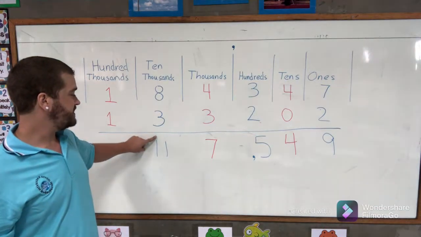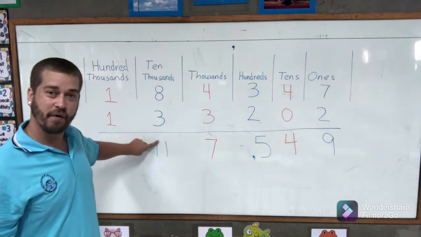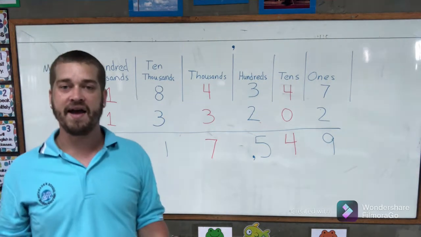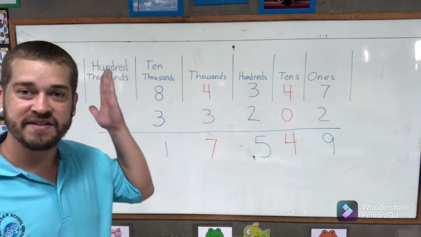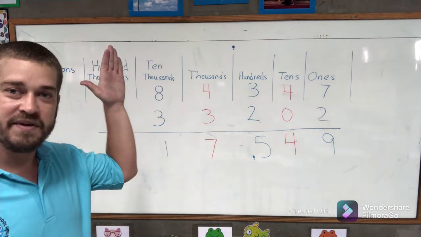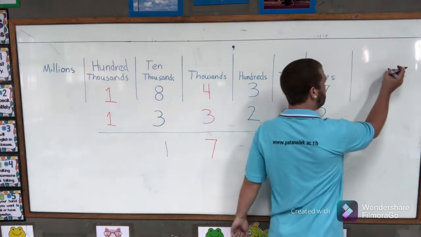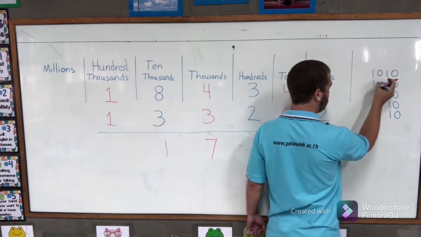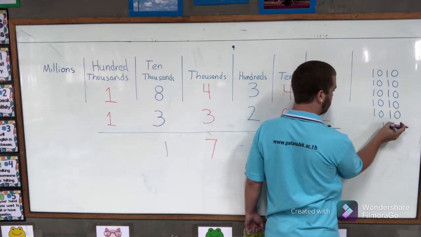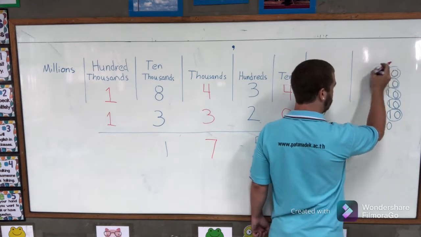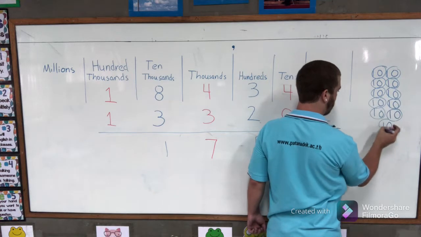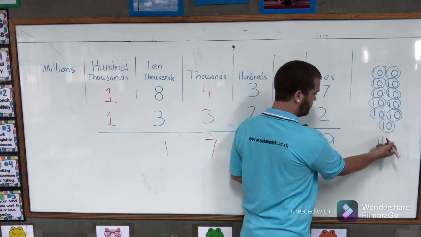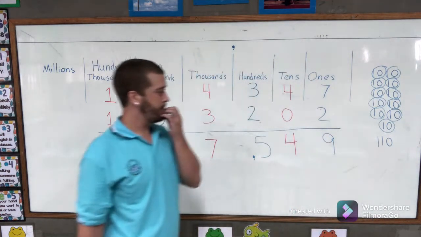100,000s. So we're actually going to take this away. Just like we did before, nothing is new here. I'm just explaining a little bit more why we carry the 1. Because we wouldn't say 11 tens, because 11 tens equals 110.